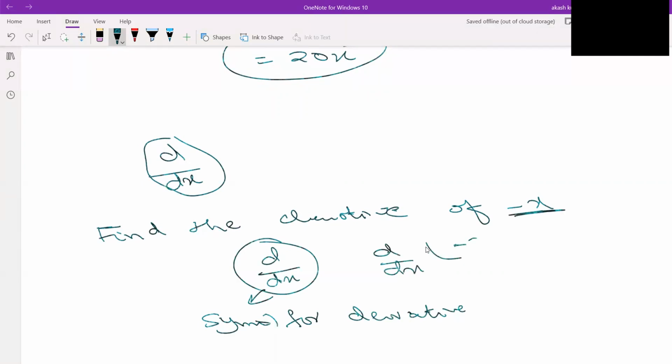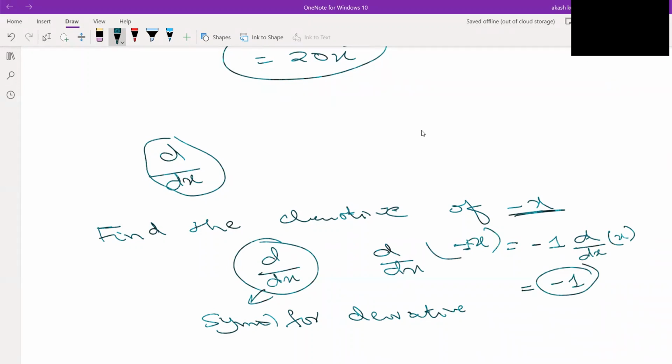The function is minus x. We can take the minus sign out, because it is a constant term. If it's not mentioned, then it's minus 1 times x. So taking minus 1 out and taking the derivative of x, it's 1. So the answer will be minus 1. Is it clear? Clear, yeah.